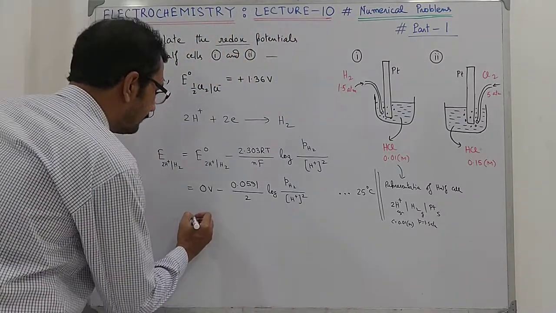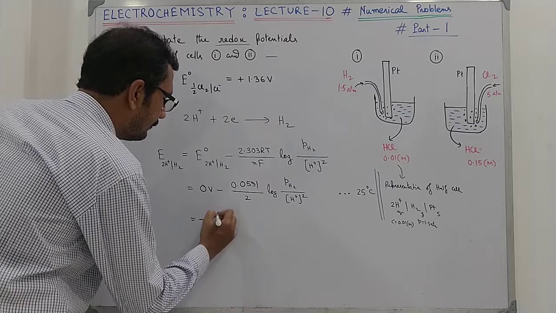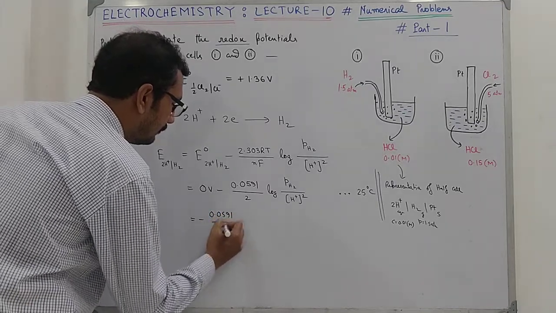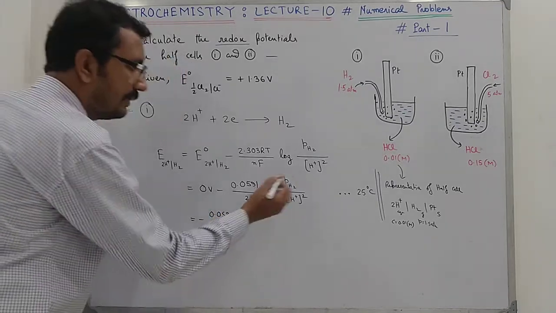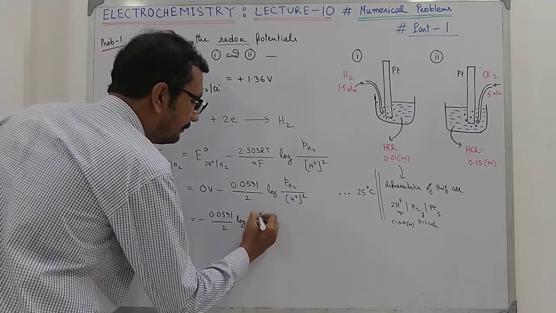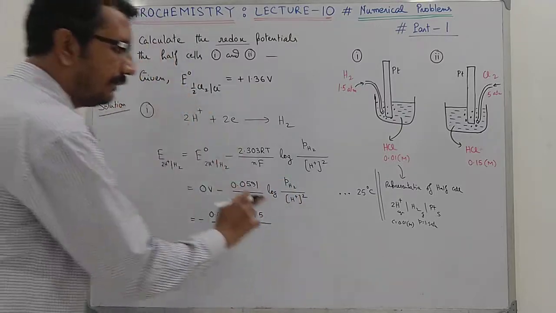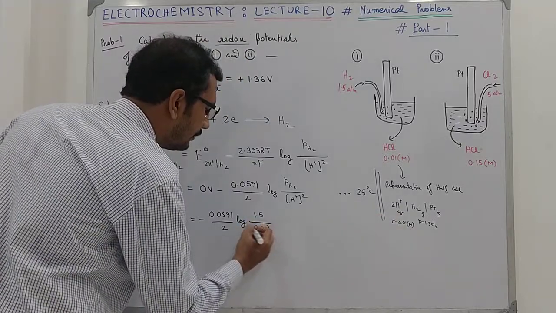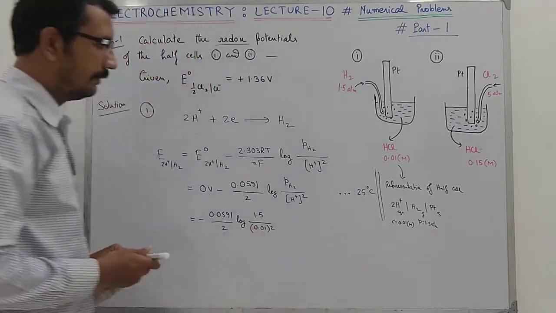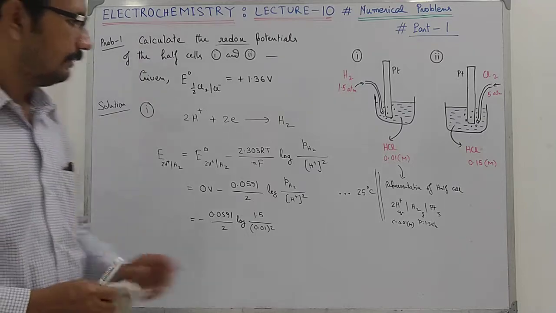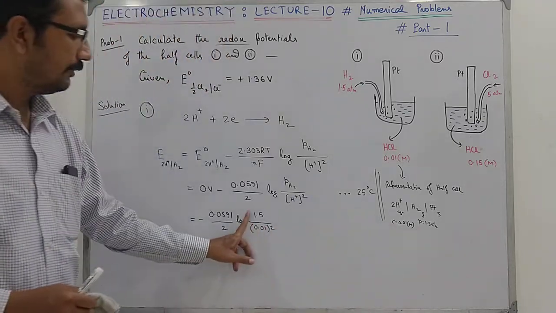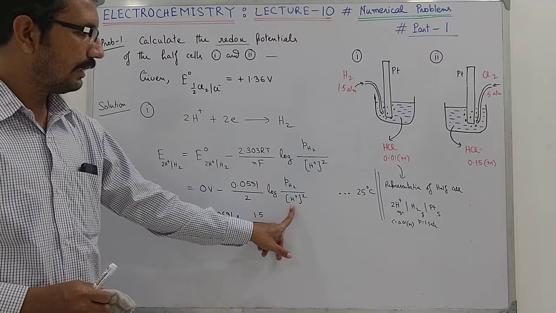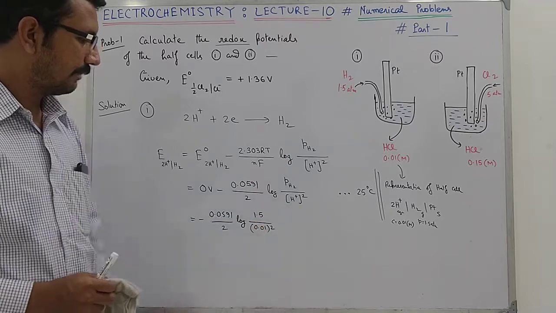Now we put the values. Pressure is 1.5 atm, we put it in the numerator, and in the denominator we write 0.01 whole square.